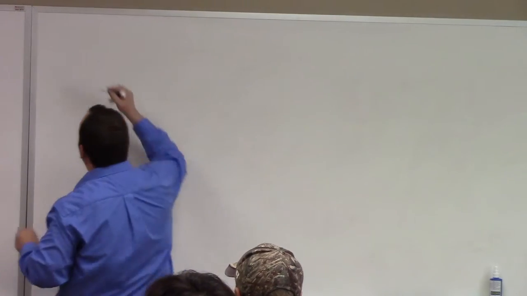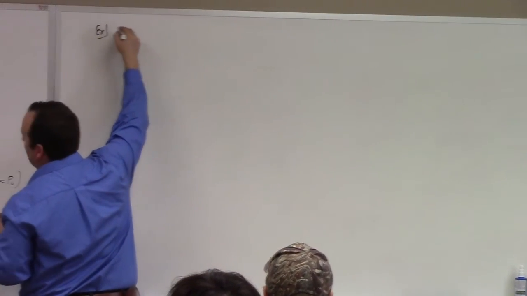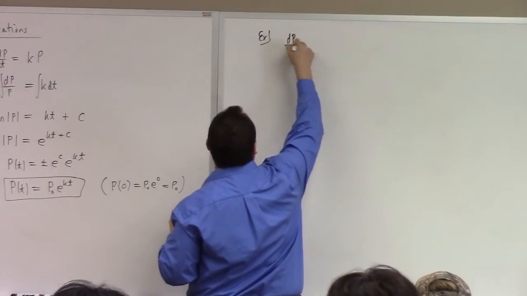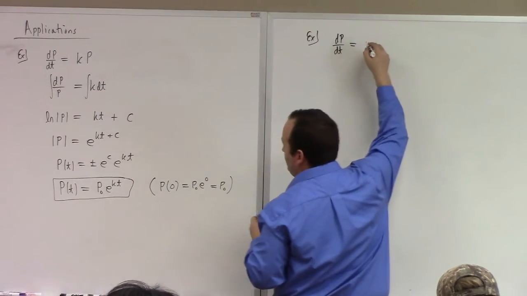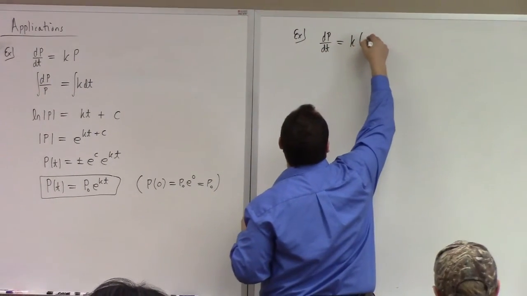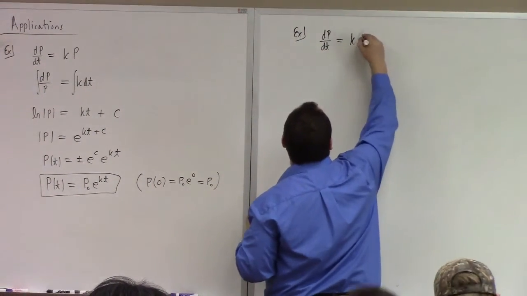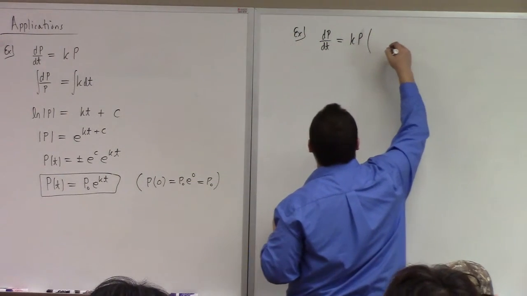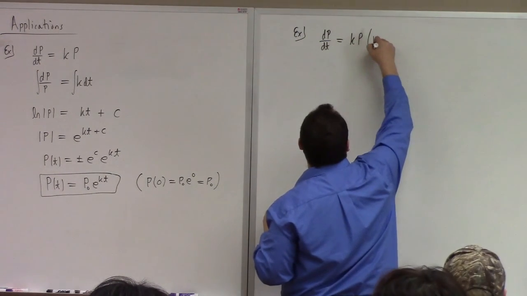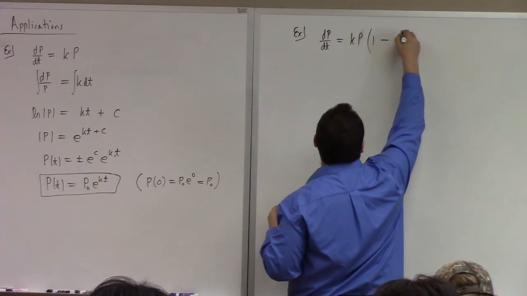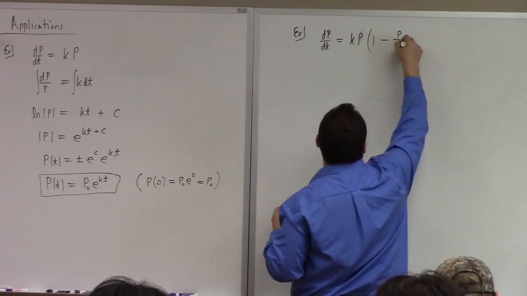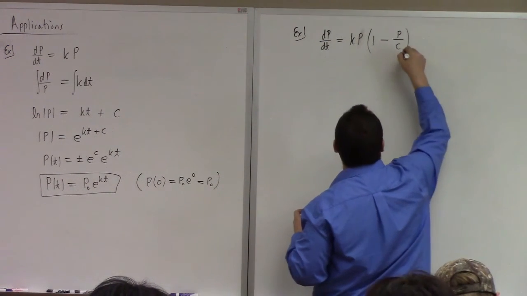Now, if you change this a bit, you could look at something like this: dP/dt equals kP. All right, fine. But what's the next step down this path? You could do something like 1 minus P over C. Right.